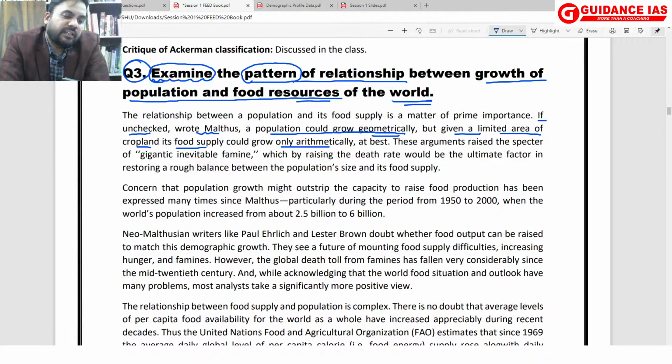These arguments raise the specter of gigantic inevitable famine, which by raising the death rate would be the ultimate factor in restoring a rough balance between the population size and its food supply. Concern that population growth might outstrip the capacity to raise food production has been expressed many times since Malthus.